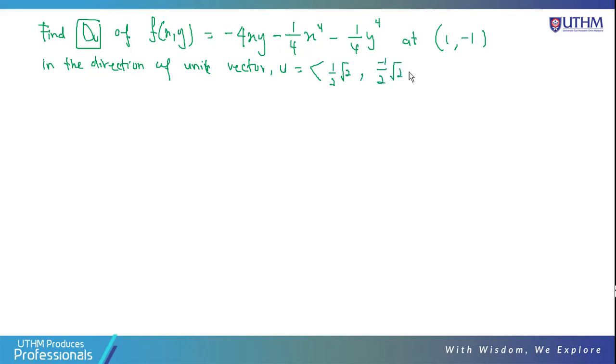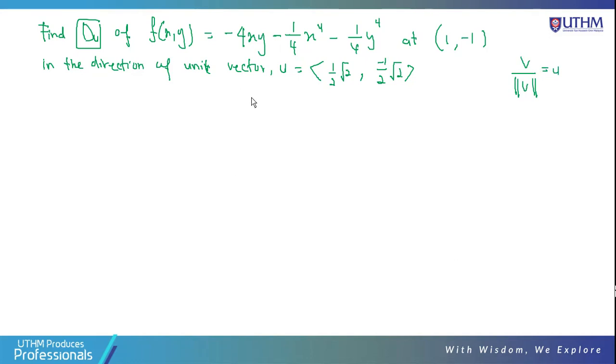If it is not given, you have to find it. If they give only the function, you need to find the unit vector. If they give the vector, you need to find the unit vector. Okay, to find the unit vector equals the vector divided by the magnitude of the vector, so you can get the unit vector.